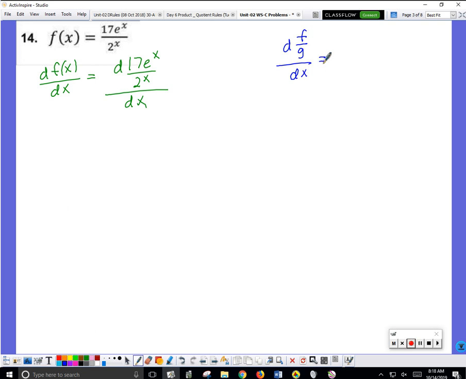You take the bottom, the second, and multiply by the derivative of the top. So that starts out exactly the same as the product rule. But because division is more like subtraction, you subtract.